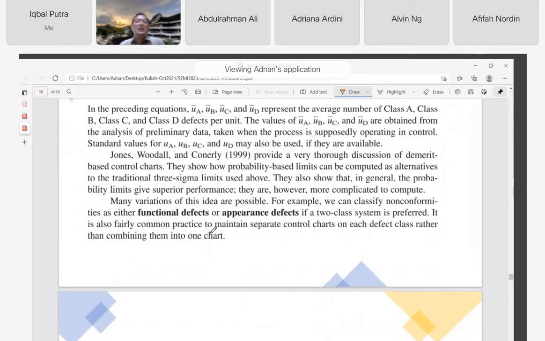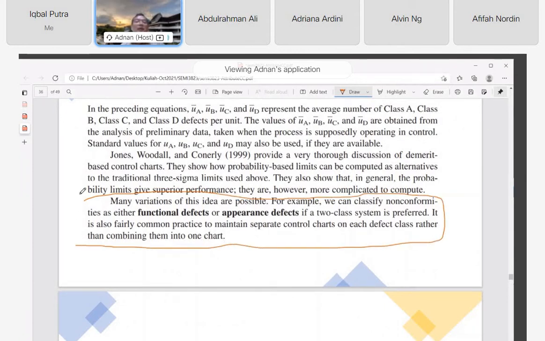Okey, ada juga sistem yang menggunakan dua sahaja. Kalau empat tadi mungkin nampak complex and confusing. So many situations, many variations of this demerit are possible. We can classify non-conformity either as functional defects ataupun appearance defects saja.